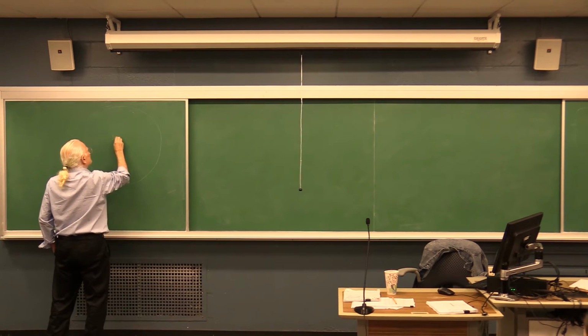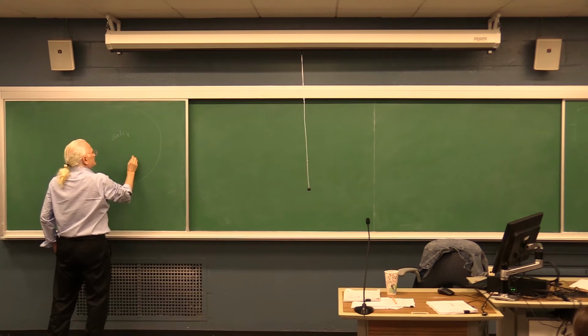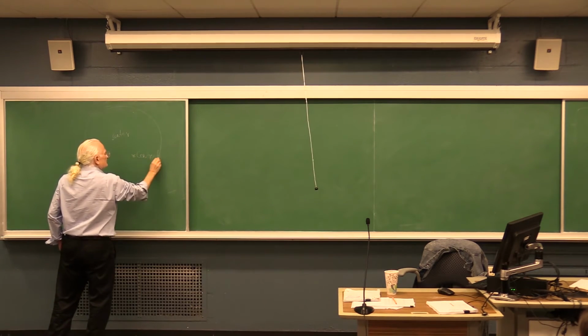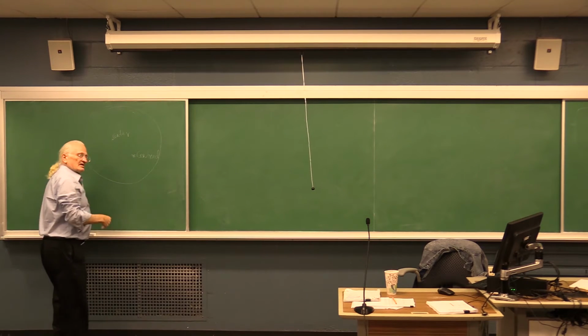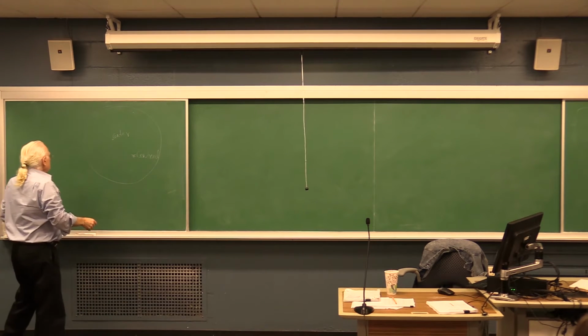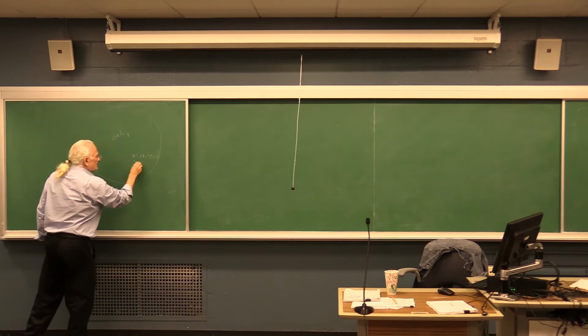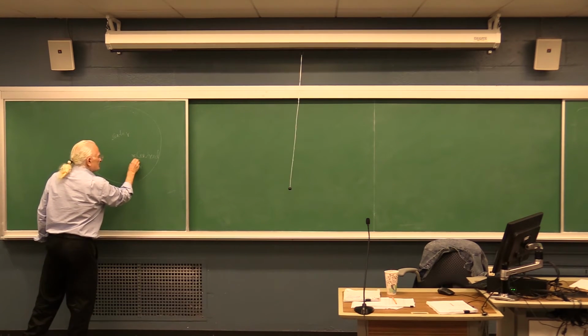So this is the center. The centroid can be right here, and this can be in n dimensions. And so this is x1 bar.